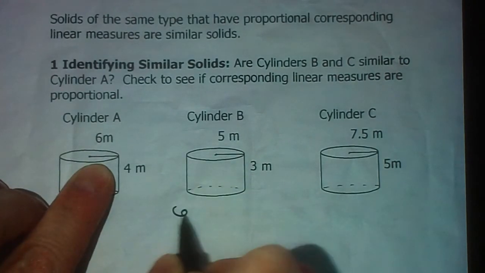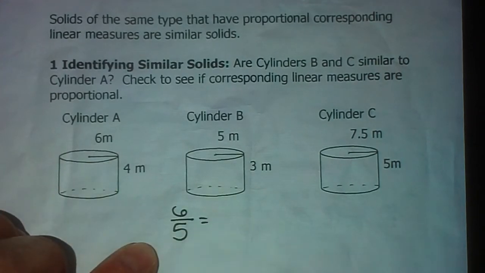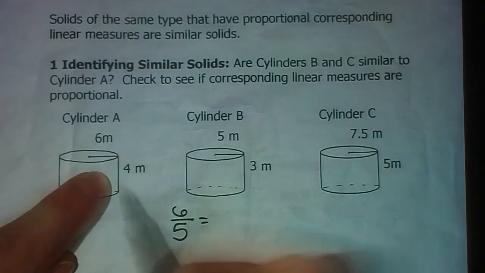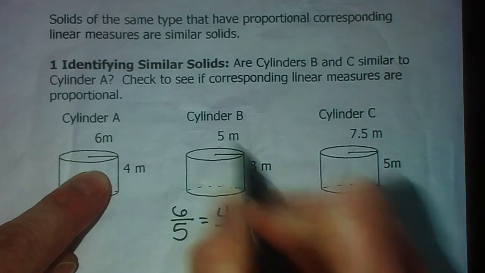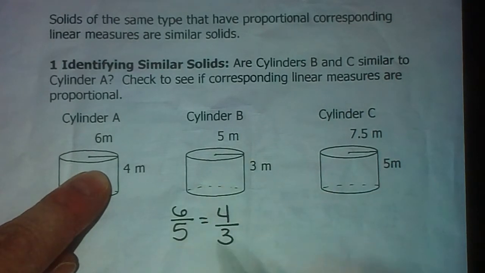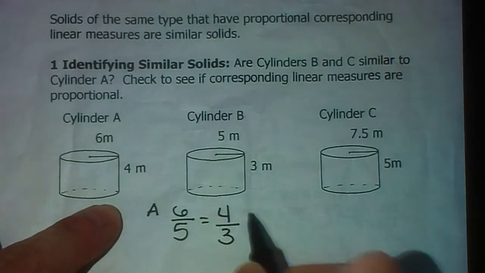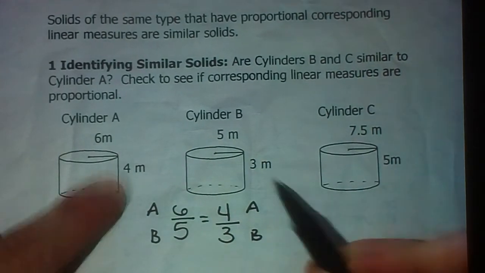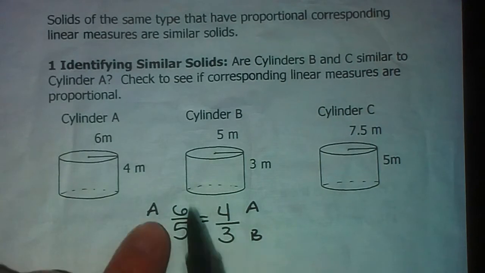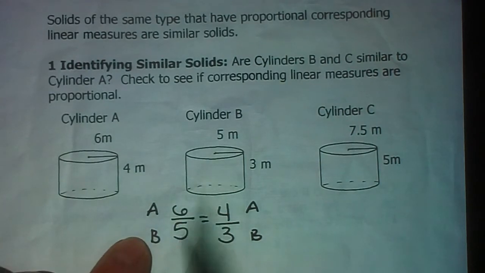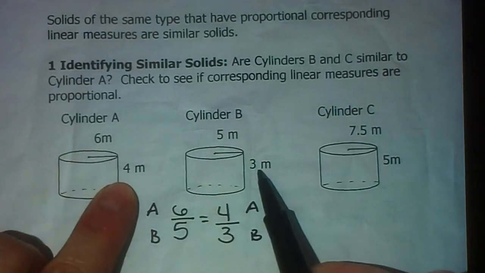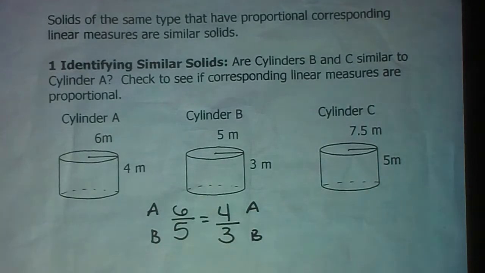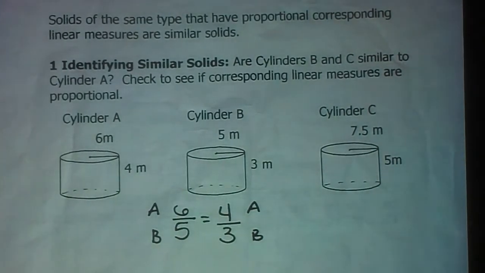Here is cylinder A's height, and here is cylinder B's height. If you notice, cylinder A is on the top and cylinder B is on the bottom. The 6 and the 5 both represent the radius. The 4 and the 3 both represent the height. So that's just one way to set it up.